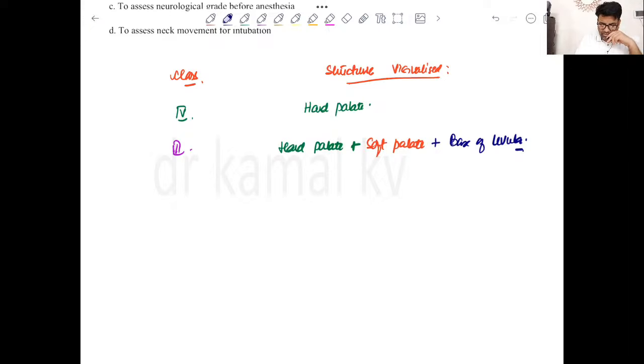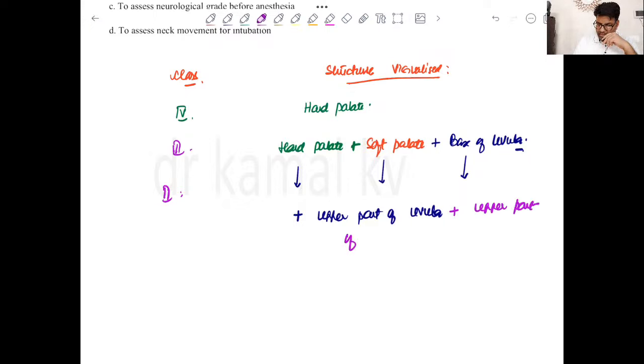In class 2 we will see all of these, right? So we will see hard palate, soft palate, base of uvula, plus the upper part of the uvula, the hanging part, and the upper part of the anterior and the posterior faucial pillars.